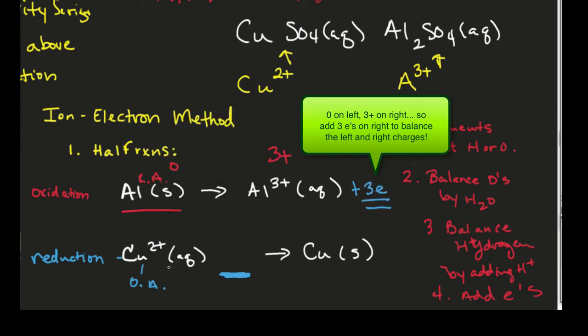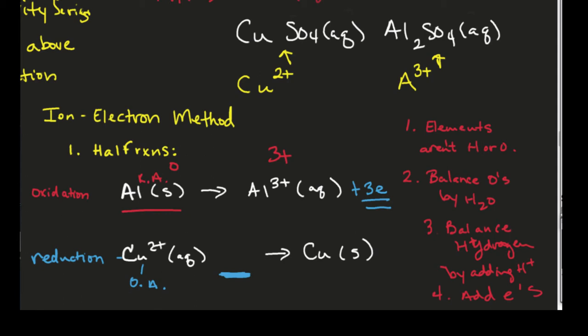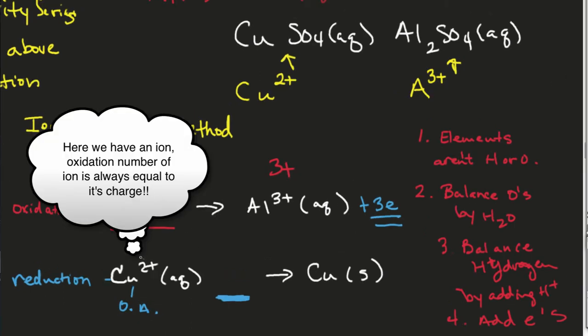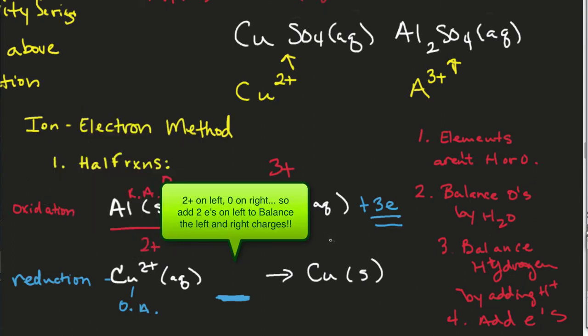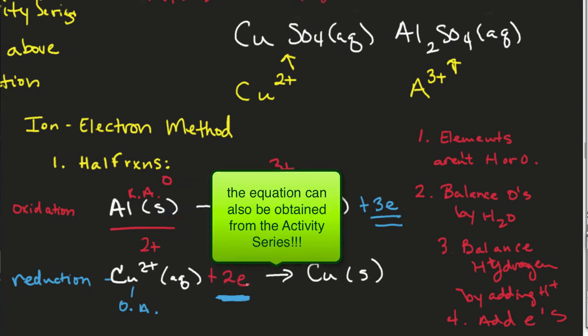Okay. Now let's look at the bottom one. What's the charge on the left side? What's the charge on the right side? How many electrons do I need to add? On the left side, right? To make it neutral.